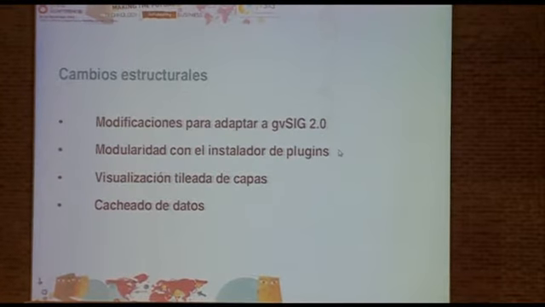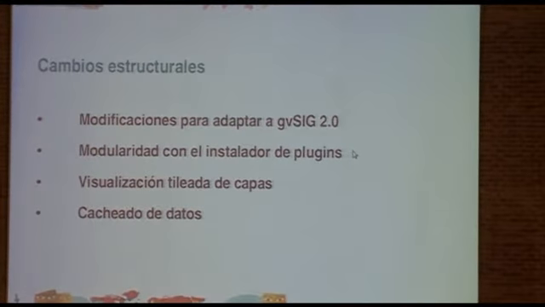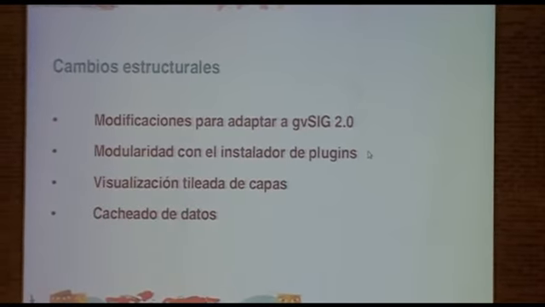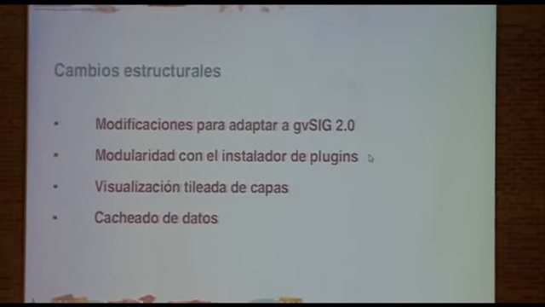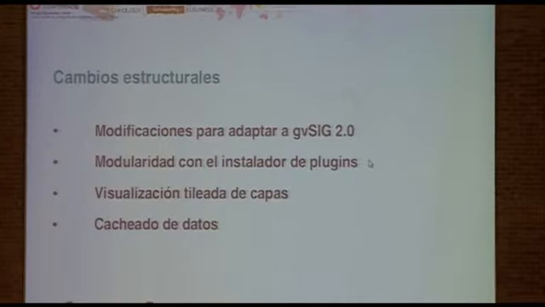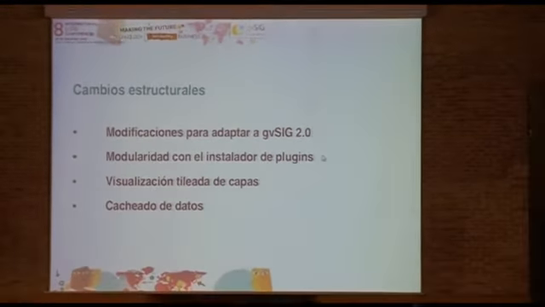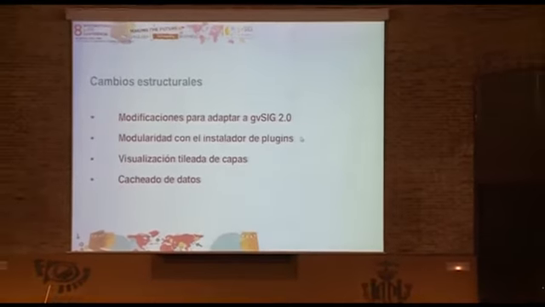So there's been structural changes, modifications to adapt to version 2.0 of gvSIG. There's been adaptations, especially in the core. Since the core changed, everything around it had to be adapted also.